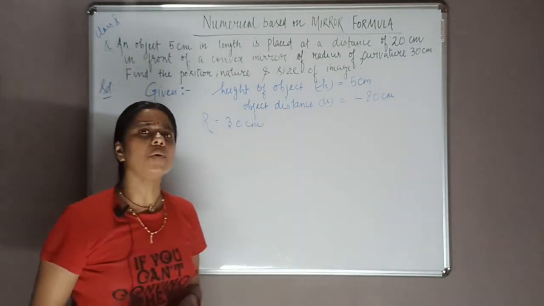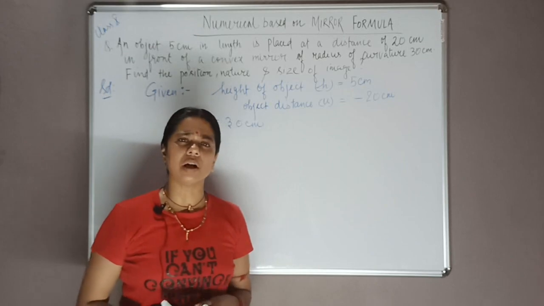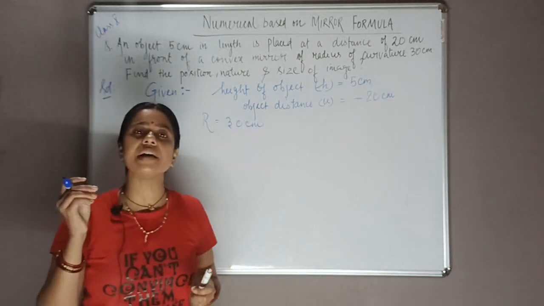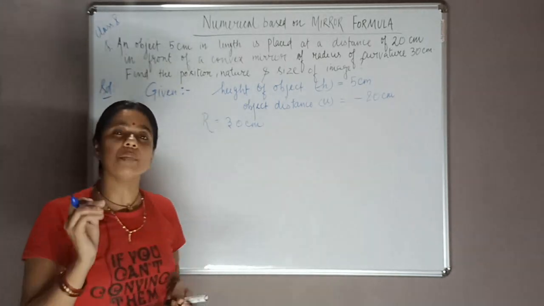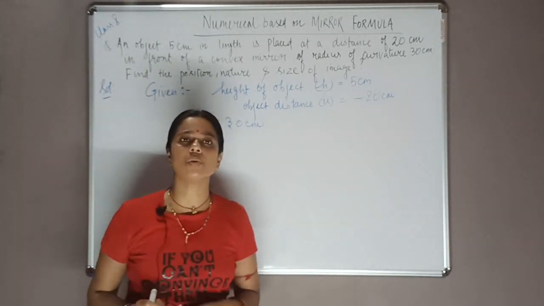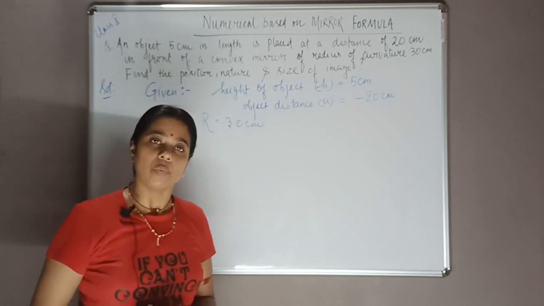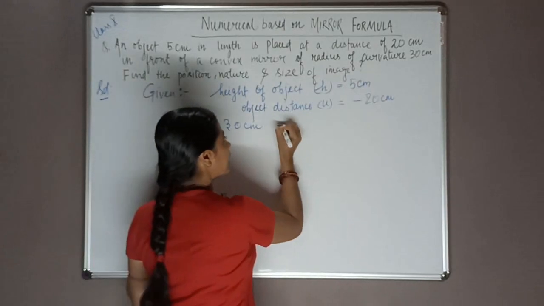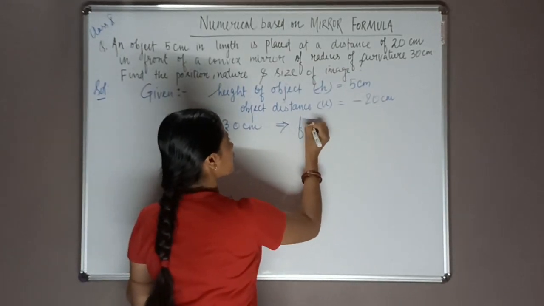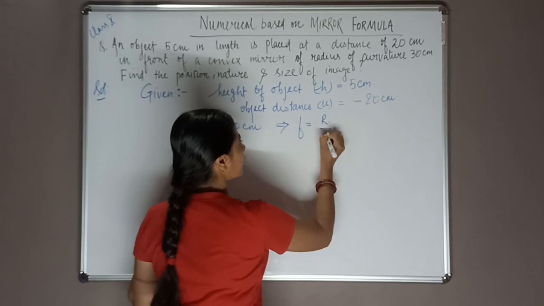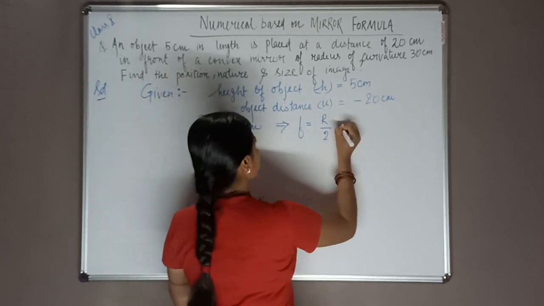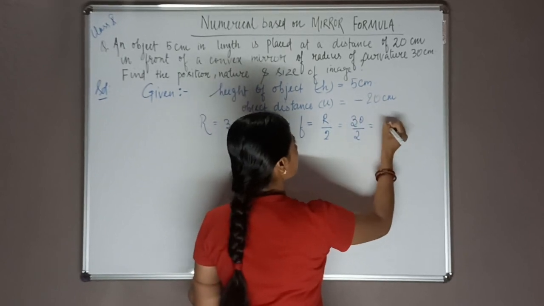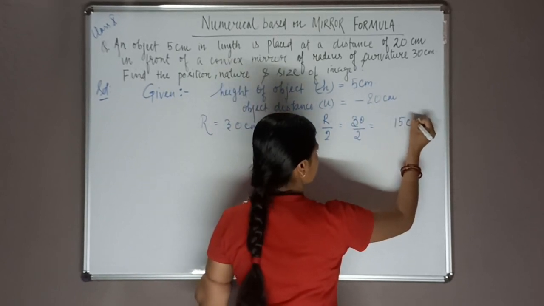As we know, in the mirror formula there is no use of R. The mirror formula is 1 by F is equal to 1 by V plus 1 by U. We need to know F, so we can derive that F is equal to R by 2. R is 30 centimeter by 2, which is equal to 15 centimeter.